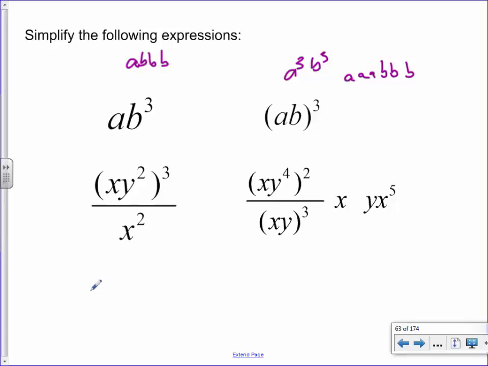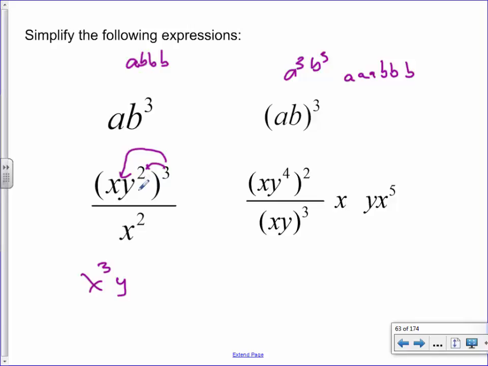Okay, let's try this next bottom one down here. Well, the top of this fraction means that you have x to the 3, because the 3 applies to the x, right? But what happens when this 3 applies to the 2? How many y's do you have? Do you have 5 or 6? Well, really, this means that you have y squared next to another y squared next to another y squared.